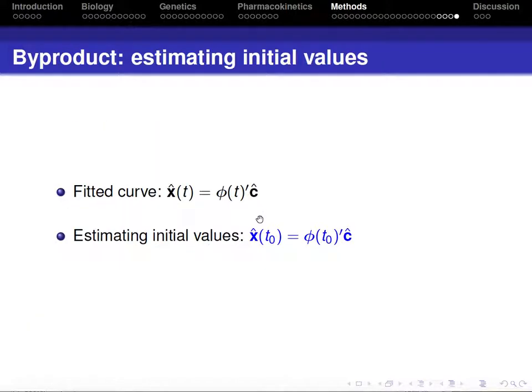Someone may ask, why do you need to estimate the initial conditions? You can use the observed data at the starting time point as the initial conditions. It's true. The reason we think this byproduct is very nice is that, firstly, data always have noise, right?